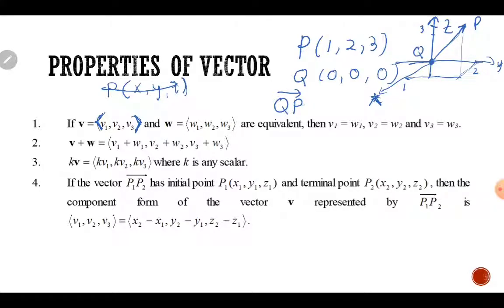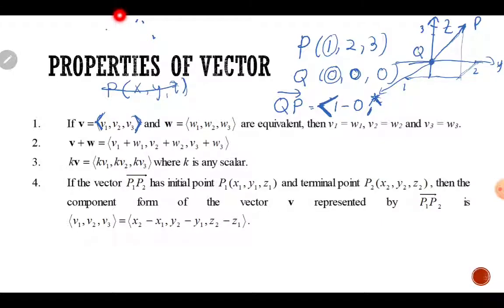Okay. Untuk find the vector QP, senang je. Point P ni, X coordinate of P tolak dengan X coordinate for Q. So 1 tolak 0. Ni vector lah ni, sebab this no more bracket, kita guna this symbol. And then for Y pula, 2 tolak 0.